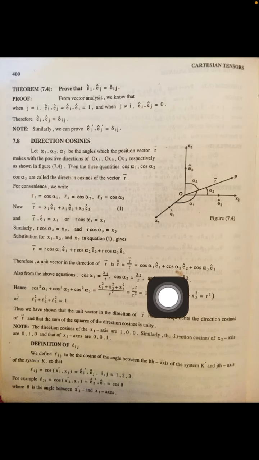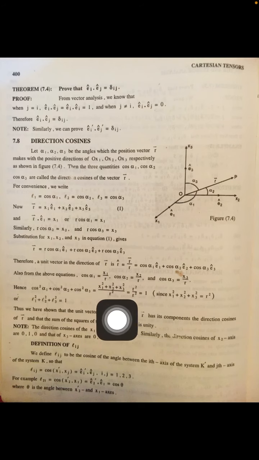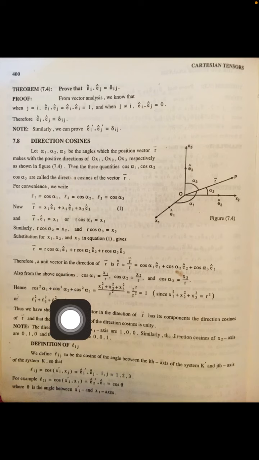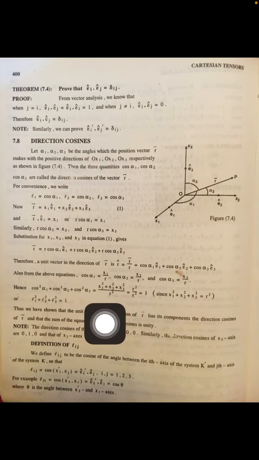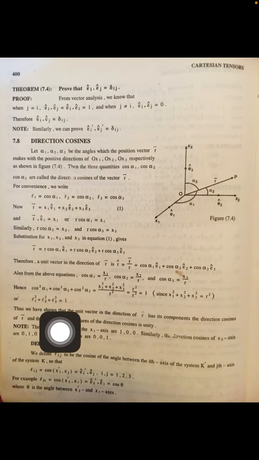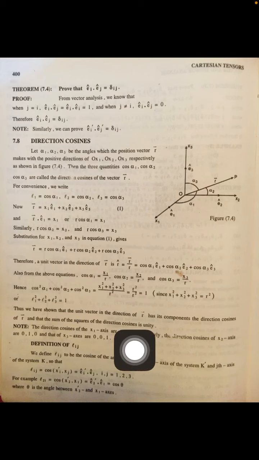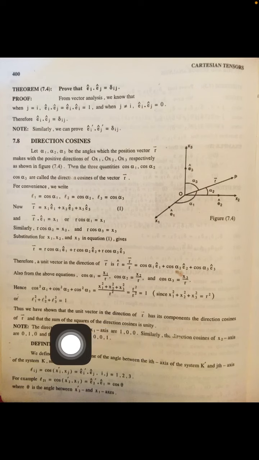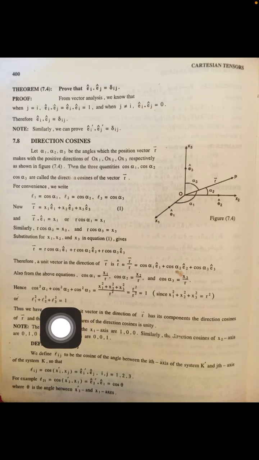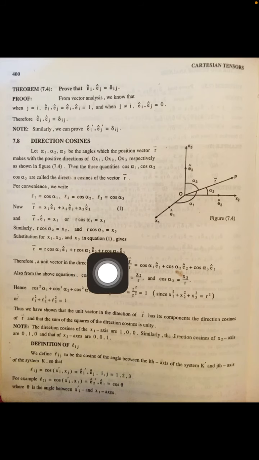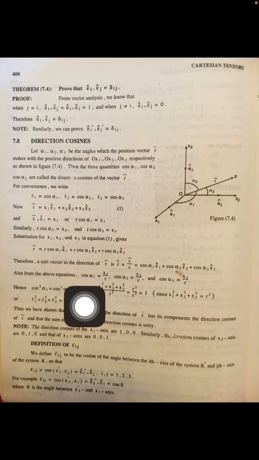Now combining all these values and squaring, I get the result that cos square alpha 1 plus cos square alpha 2 plus cos square alpha 3 equals 1. That means L1 square plus L2 square plus L3 square is equal to 1. Thus we have shown that the unit vector in the direction of r has as its components the direction cosines of r, and that the sum of squares of the direction cosines is unity. So L1, L2 and L3 are the direction cosines, and these are equal to cos alpha 1, cos alpha 2 and cos alpha 3.